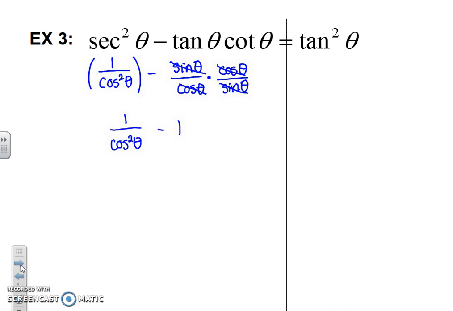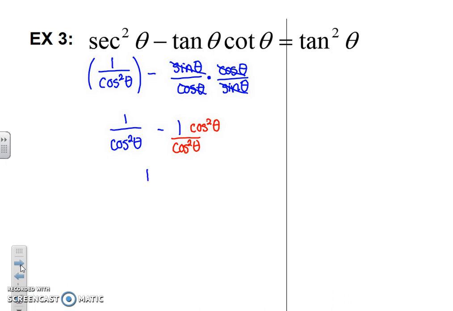So what we're dealing with here doesn't look anything like tangent squared theta. But we could get common denominators. So if we get common denominators, that means this second term here needs to have a cosine squared theta in the denominator, which means we must also multiply by cosine squared theta in the numerator.